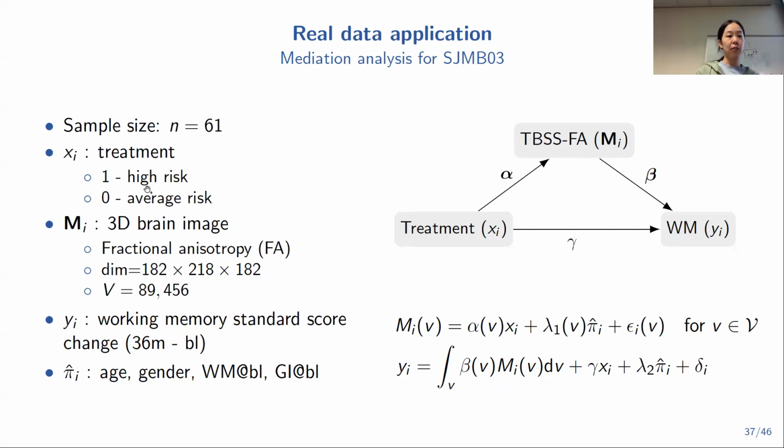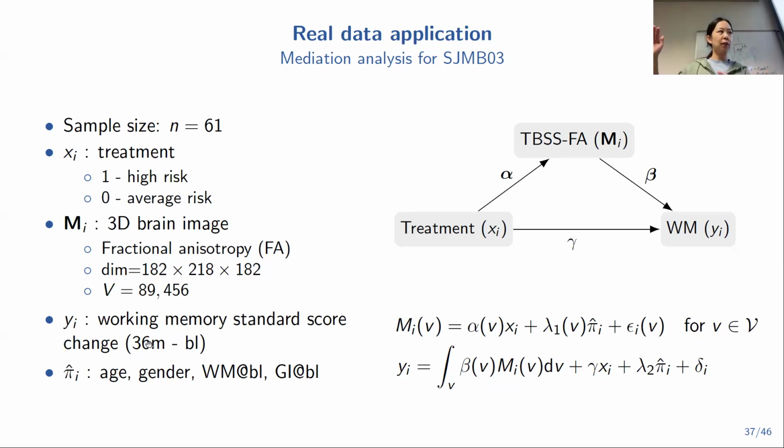So our treatment is the risk group, 1 coded for high and 0 for average. Our mediator is our 3D brain image, which is a kind of cube, but it only has the valid voxels. I shouldn't say only, because it's quite large. Our outcome is the working memory standard score change from the first year to the end of the third year, so we see the development of the kid during the three-year period. The confounders we adjust for are these.